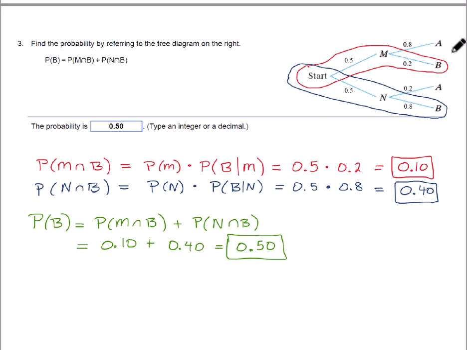So to find that probability, I have to trace down each of the branches that take me to B. Okay, so I need M and B, N and B. So each of these is just multiplying down that branch. And then to find the total probability, I would add those two probabilities together to get 0.5.